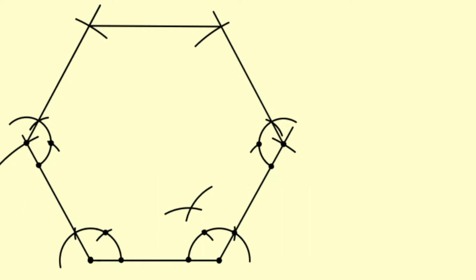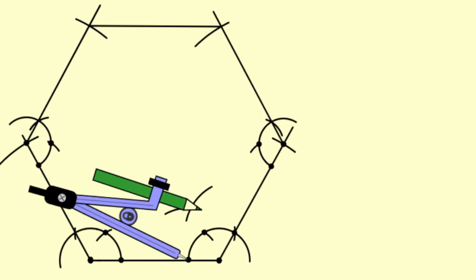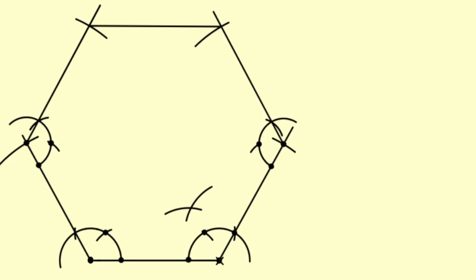You can see they are intersecting. Now let's draw the line which should start from the vertex of the angle and pass through the point of intersection of the two arcs. So one line is done.